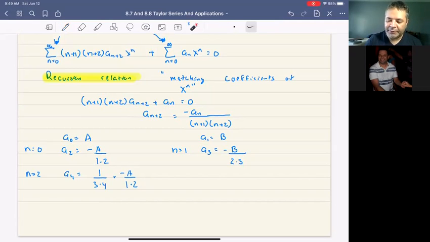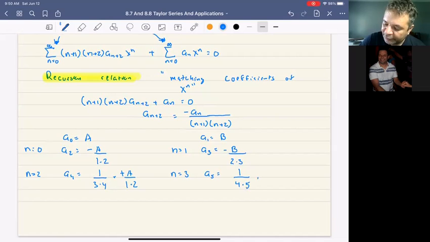The next one is n equals 3, which is a sub 5. So a sub 5 is going to be 1 over 4 times 5 times b over 2 times 3.